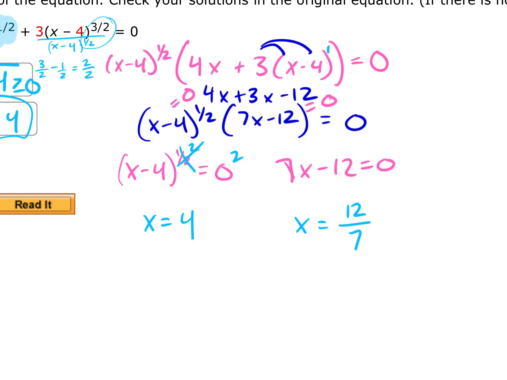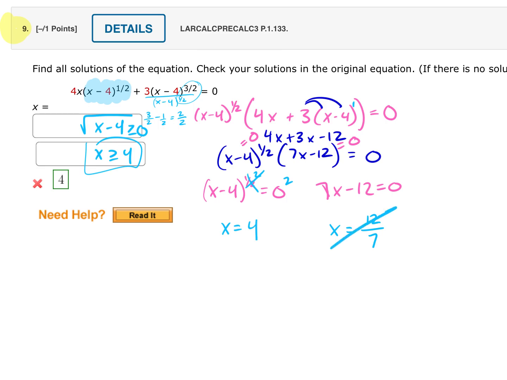Is 12 over 7 greater than 4? No, it's almost 2-ish. 7 goes into 12 one time with a little bit left over. So it's not greater than 4, so this does not work as an answer. It's not in our domain. So our only answer here would be 4.